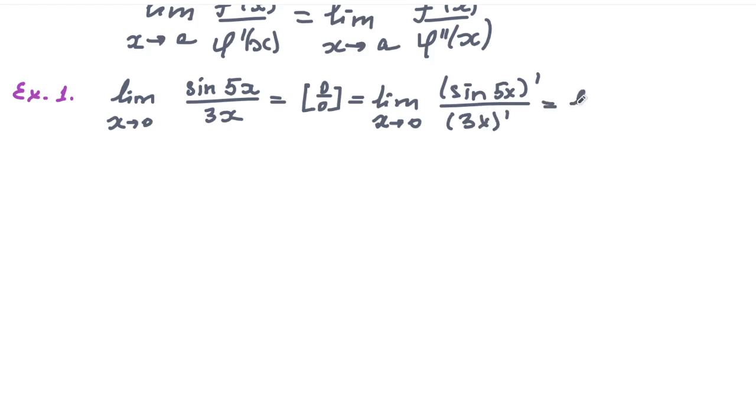We have the limit as x approaches 0 of: the derivative of sine of 5x is 5 cosine of 5x. The derivative of 3x is 3, and our limit will be 5 over 3.